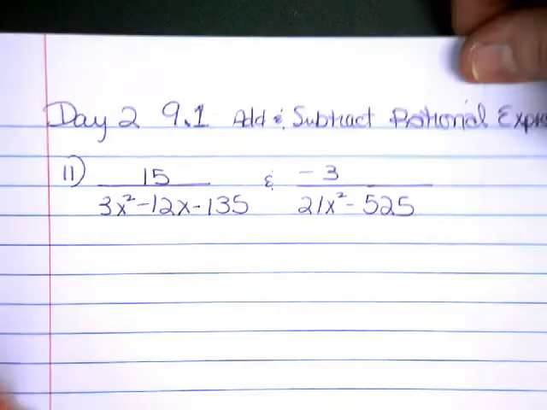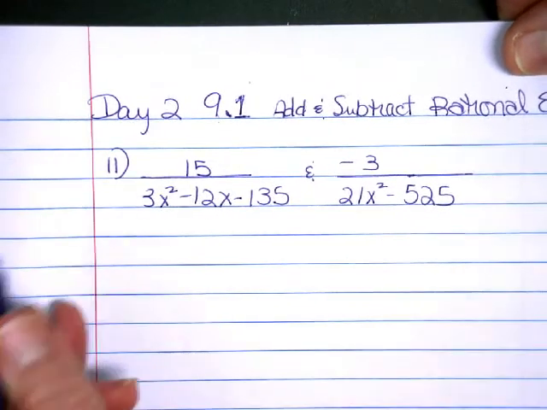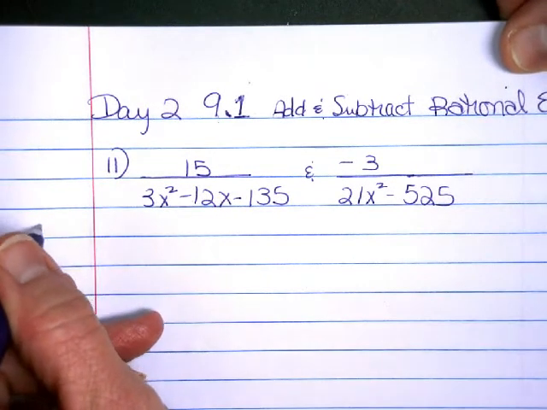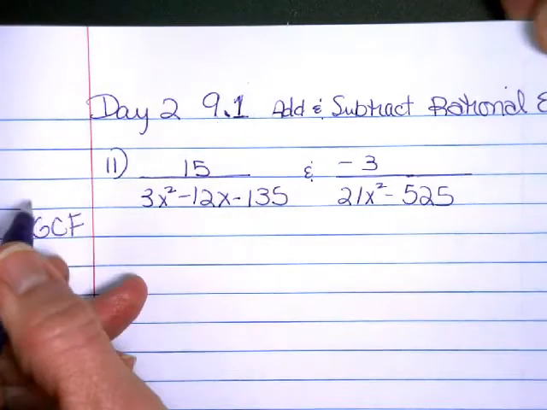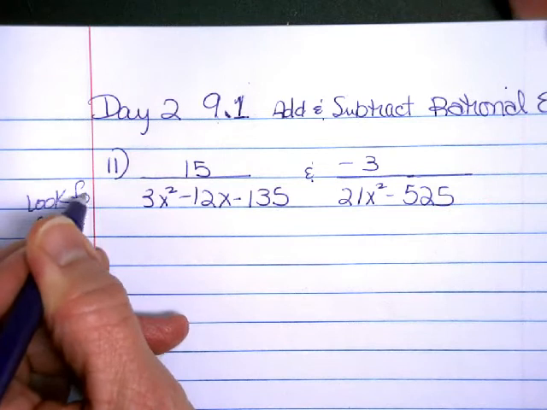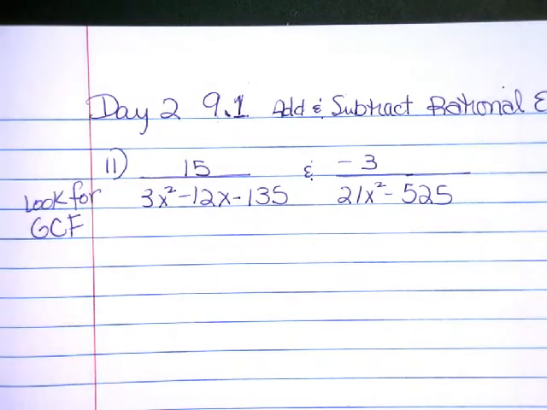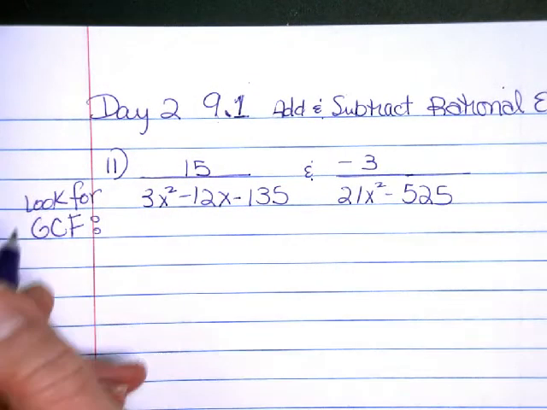I forget about check for GCF first. We haven't had a GCF example yet. So we look for a GCF before we go factoring denominators. The other ones didn't have one, so I never mentioned it, but that's always the pre-step.